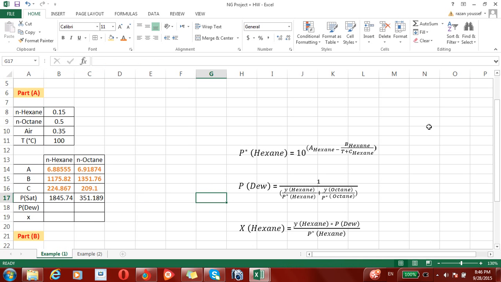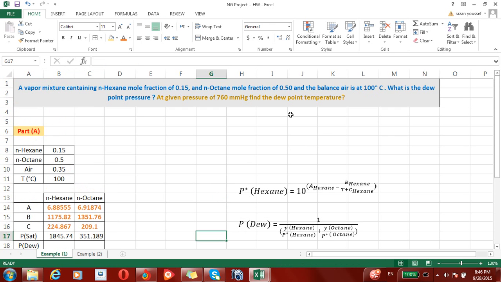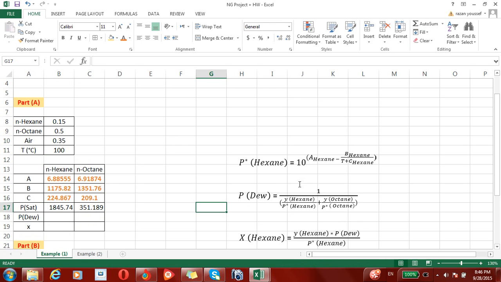Now, since we already have the saturated pressures, we can calculate the dew point pressure because it's only a function of the mole fraction and saturated pressure.